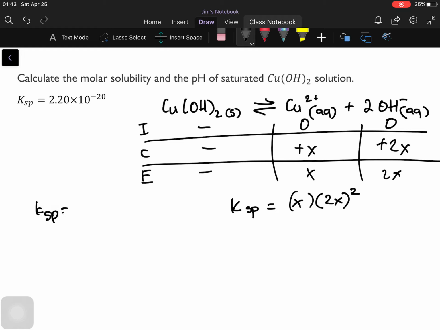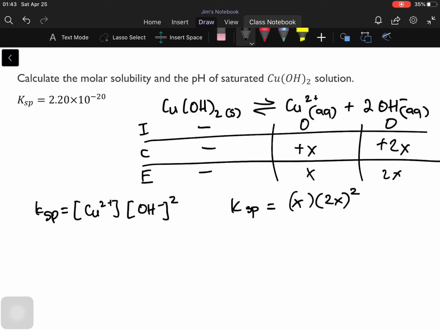Remember, Ksp is equal to the concentration of copper 2 plus raised to its coefficient, and the concentration of hydroxide raised to its coefficient 2. The concentration of hydroxide is 2x, so we place it here. Okay, so that's the idea.